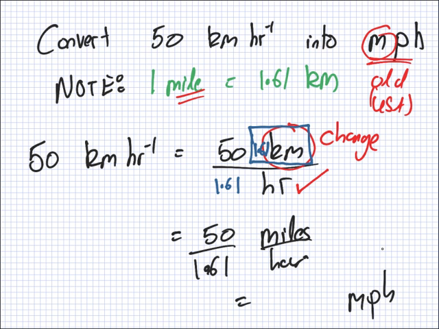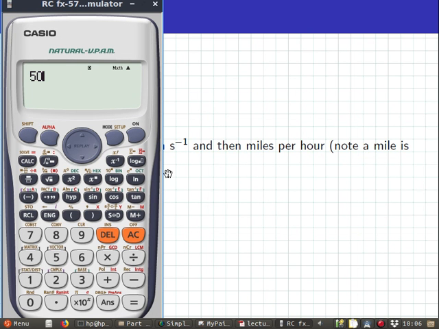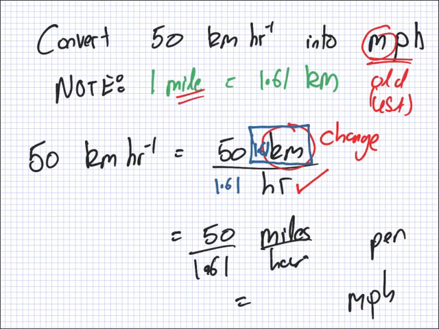Miles per hour, yeah. So, what did I say? 50 divided by 1.61. 31, is it? 31.1? Yeah. 31.1.